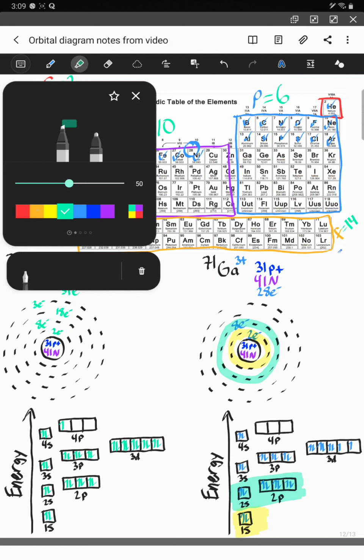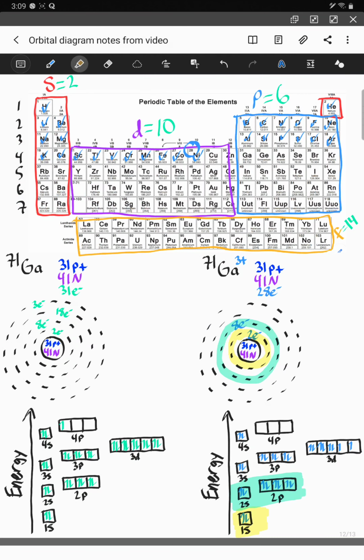Next, the third energy level, we are going to have 1, 2, 3, 4, 5, 6, 7, 8, 9, 10, 11, 12, 13, 14, 15, 16 electrons. So I'll highlight that on my orbital diagram. And those 16 arrows are going to correspond to 16 electrons on my Bohr model.